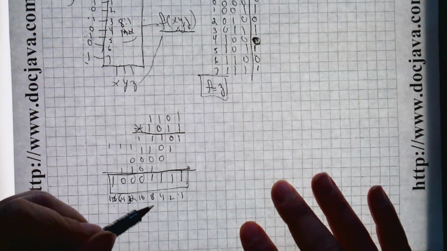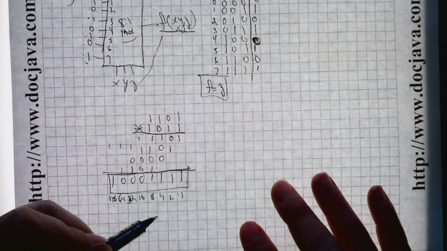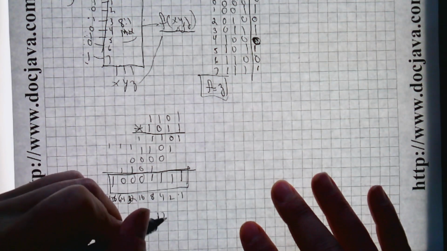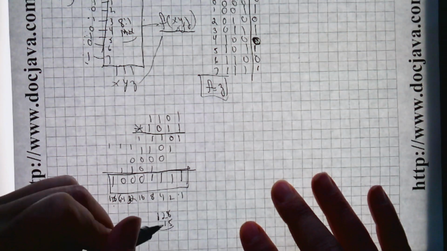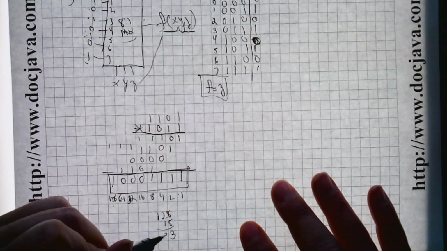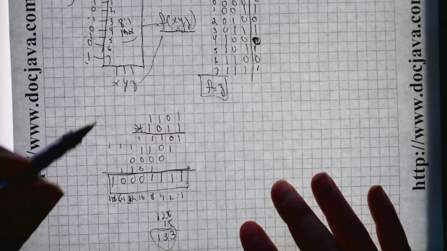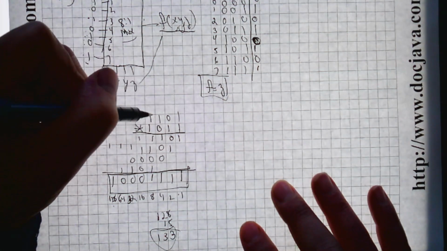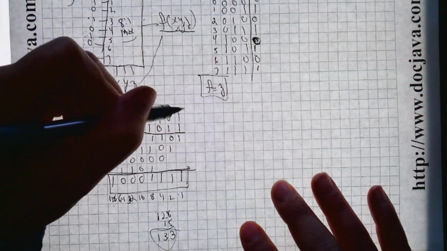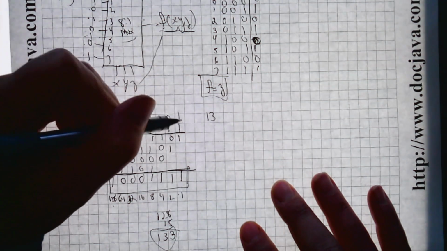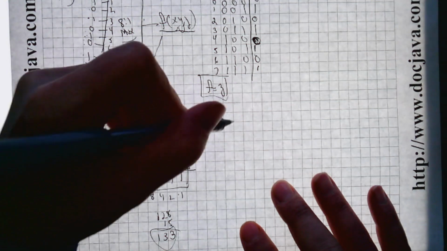That's 128 plus, looks like 15. Looks like 133. What's this number? That's 12, that's 13. That's 8, 2 is 10, plus 1 is 11.